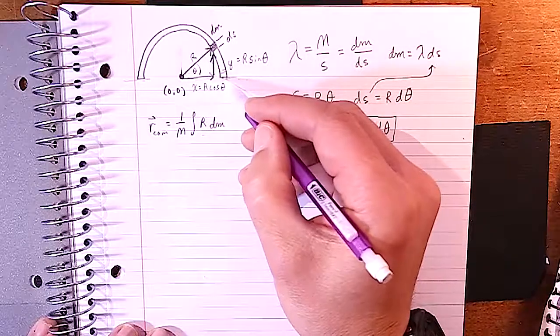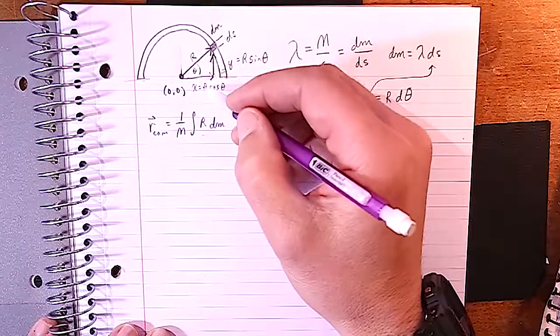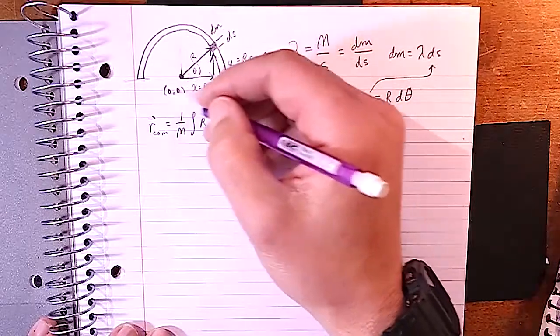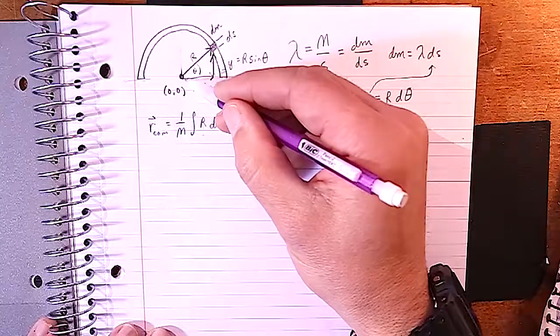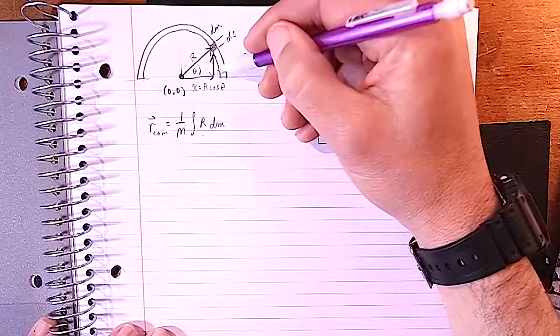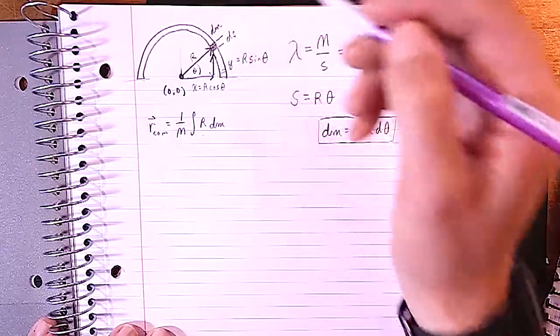Well, right here it's going to be r, but what is it going to be in terms of theta? Well, if we want to get to any location all the way around here, we can go out r cosine theta I hat, and we can go up r sine theta j hat to get to our location at any position.